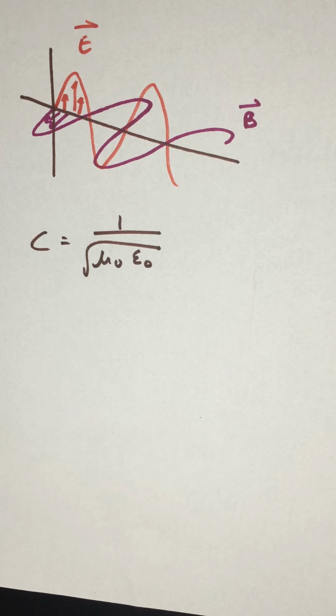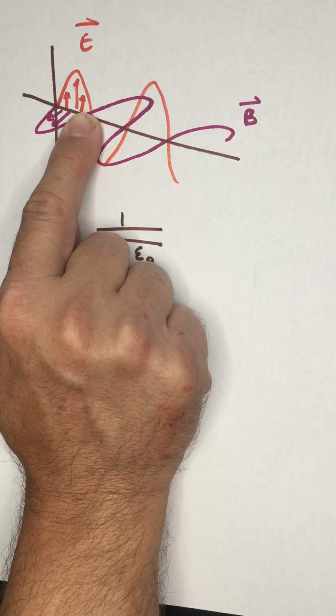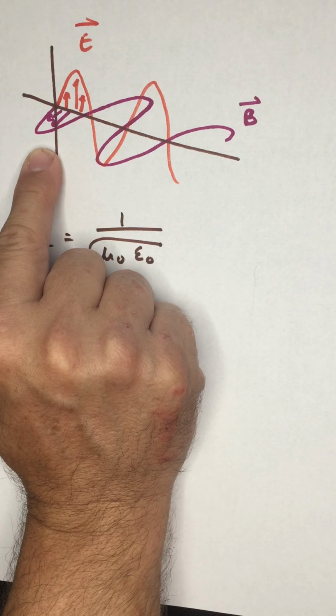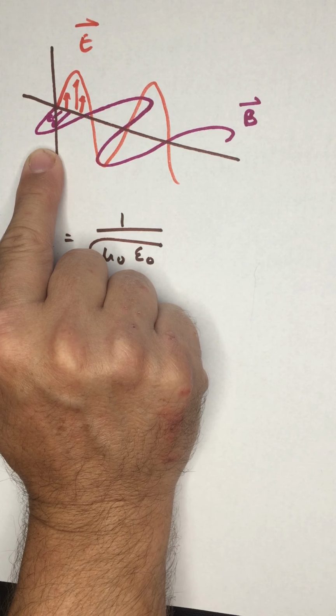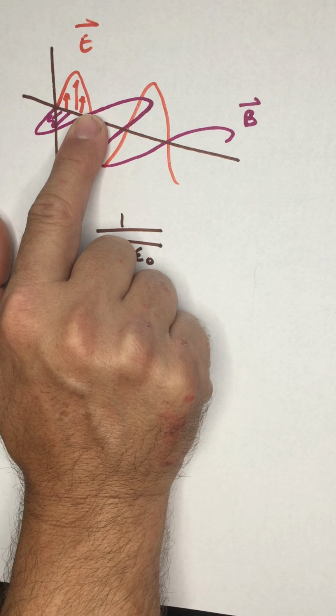Now, this is a wave, and so all of the wave characteristics that we know still come into play. It has a wavelength, it has a frequency, it has amplitudes. In this case, of course, the amplitude of the E field component is different than the amplitude of the B field component. If nothing else, they're just different in units. E field has units of volts per meter or newtons per coulomb.